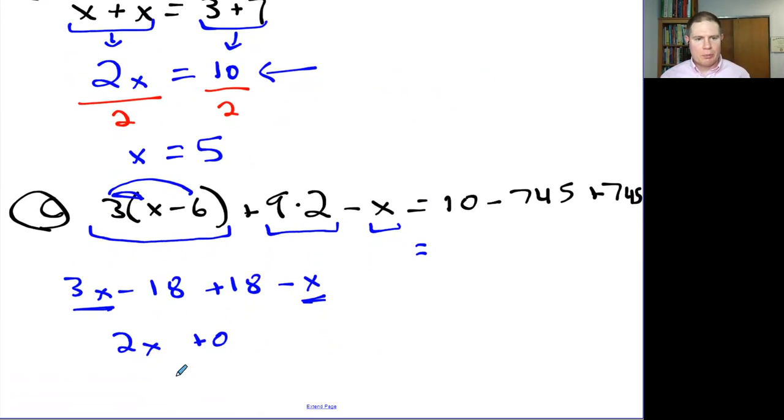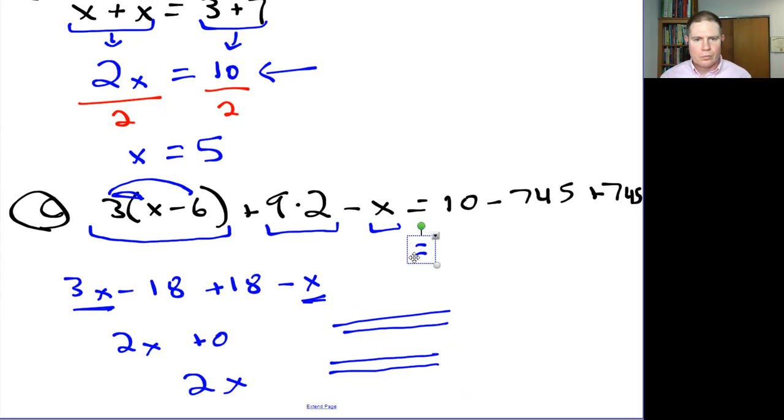So this expression simplifies to just 2x. Draw my big equal sign here, right? So remove this one. There you go. All right, now let's look at our expression 10 minus 745 plus 745.